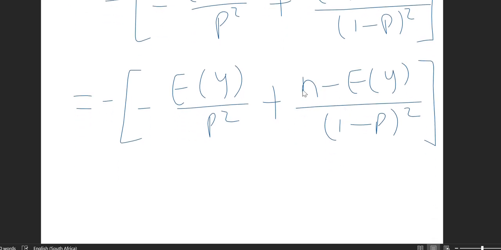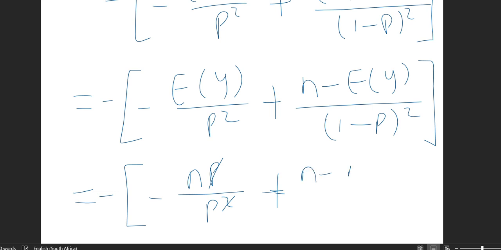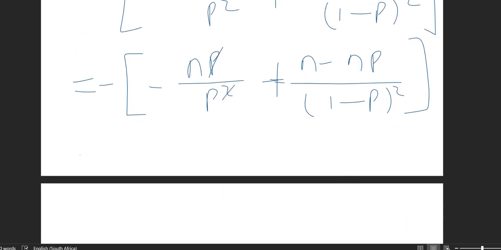Now recall that the expected value of y, or the mean of our binomial distribution, is just np. np divided by p squared, this is going to cancel with that. Now it's going to be n minus np divided by 1 minus p all squared. Now in here we have a common factor, which is n.